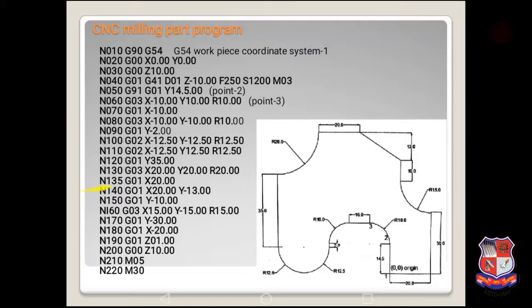Here is a simple G01 command and the value written as G01 with X20. Here is also a simple cross movement, linear motion, but in both directions X and Y, so we have to change both with G01 command.